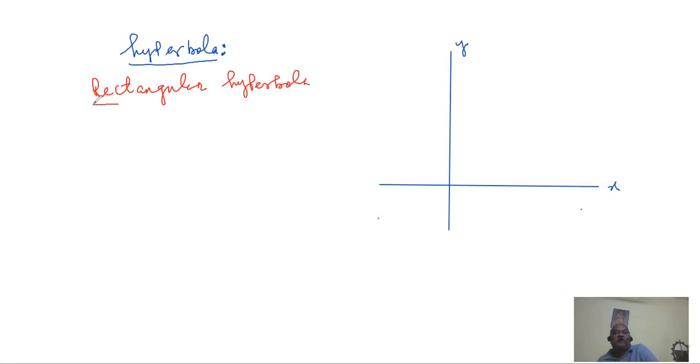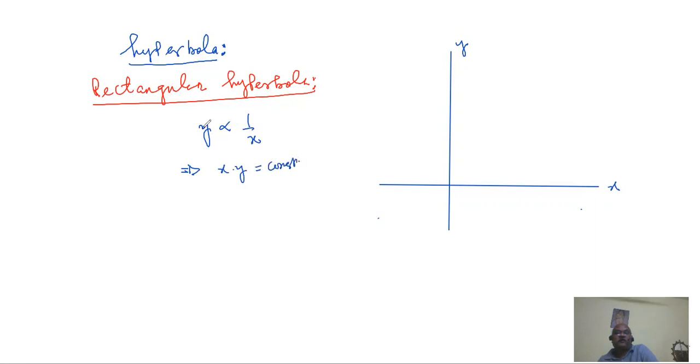Okay, especially on that curve, we got our sole focus now. If the hyperbola is rectangular, then the equation will be coming in such a way that y is proportional to 1 by x, or y is proportional to x power minus 1, which also implies x into y is equal to some constant.